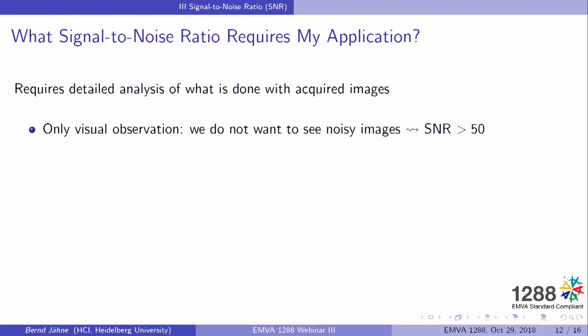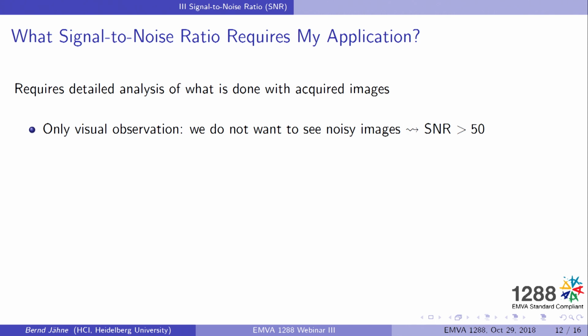Because if we have a smaller and smaller pixel, we can collect less and less photons or then electrons, and this makes our signal to noise ratio worse. And so what you really need to know about your application is what signal to noise ratio you really require. And this may be quite different for different applications.